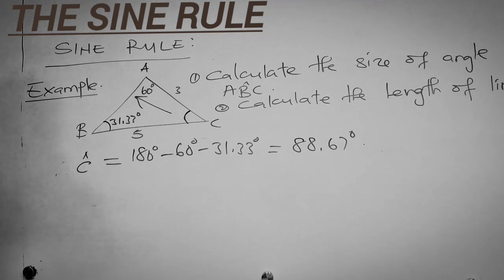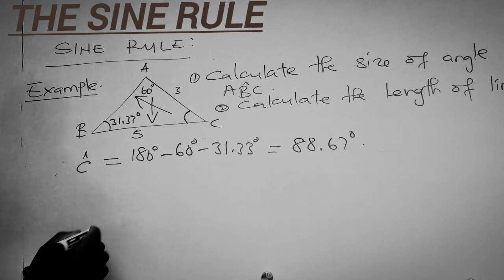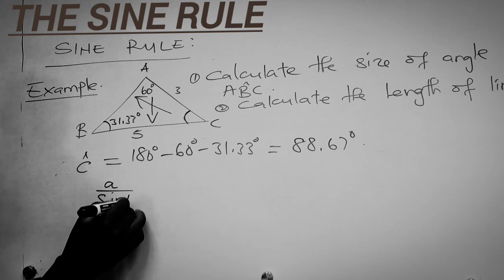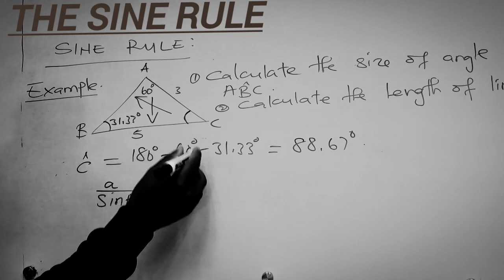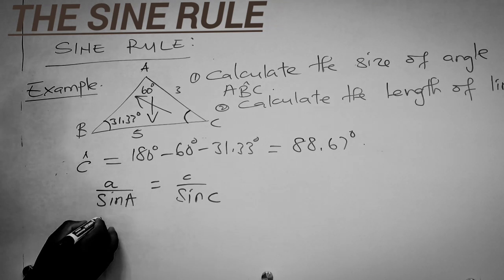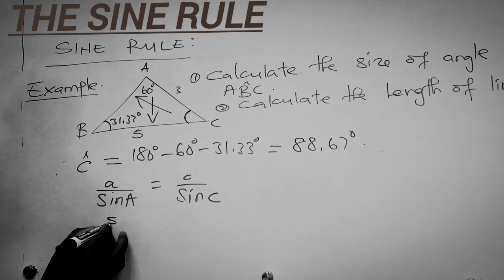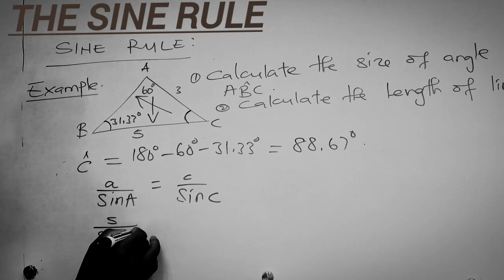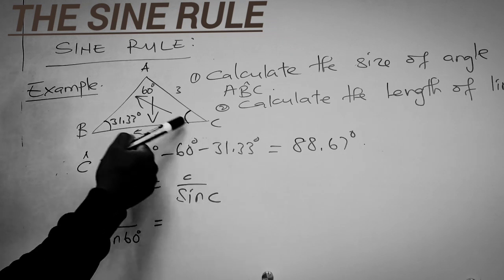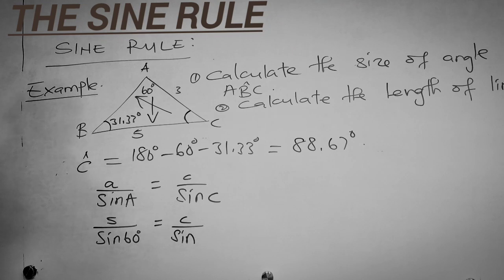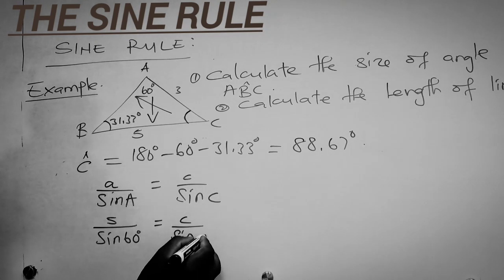So this one corresponds to that side, and we use these other two known values. We're calculating a side, so we state it with side on top: a over sine A is equal to c over sine C. Our a is equal to 5, sine A is sine 60 degrees, equal to c, which is what we are looking for, over sine C, which is 88.67 degrees.